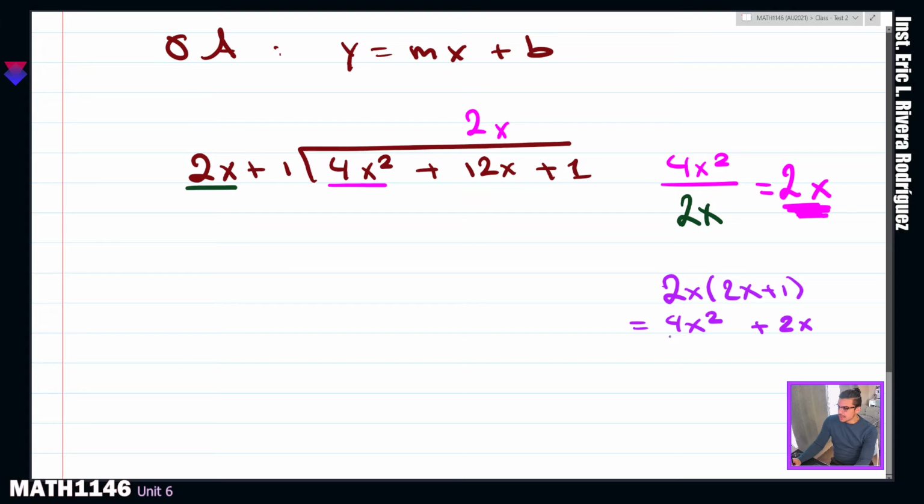And this result goes here. See that my terms are aligned: the degree of 2 with the degree of 2, and the degree of 1 with the degree of 1.